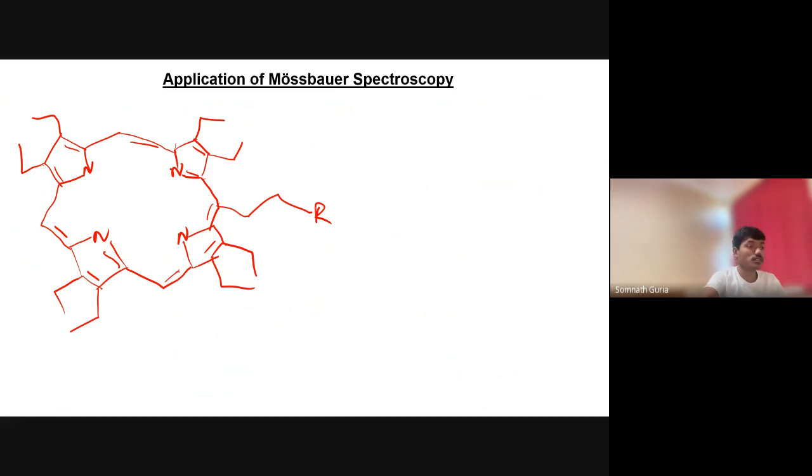This is the porphyrin, and this R is another porphyrin over here. This is the metal over here, Fe. Similarly, we have another, similar kind of porphyrin over here. This is the nickel. Nitrogen, nitrogen.